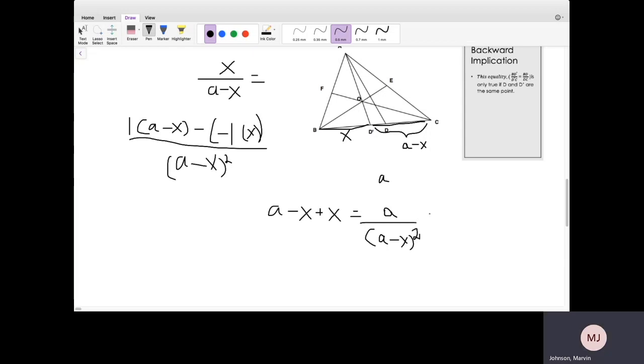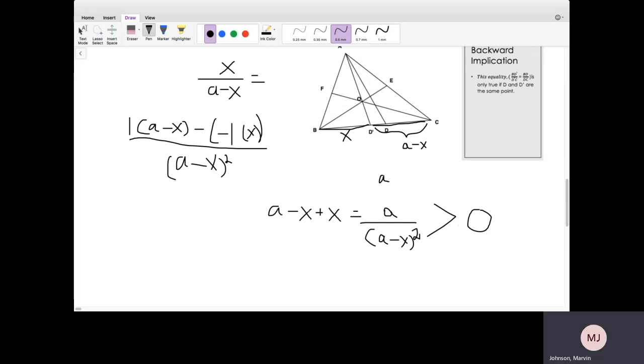And we can see this is going to be positive because A is positive. It's the length of the entire side, so our side is definitely going to be greater than 0 for a triangle. And A minus X squared is always going to be positive because it's a square. So this whole derivative is going to be greater than 0 no matter what, for any triangle that we have.